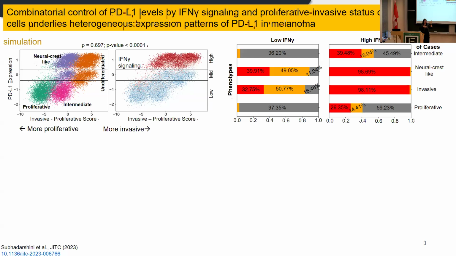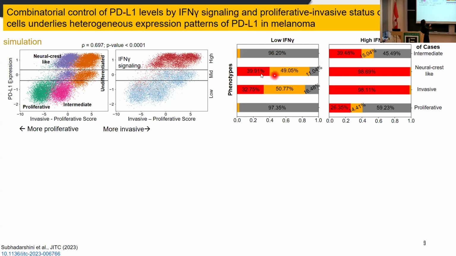Now, how do these two axes crosstalk with PDL1? And which axis has a higher contribution is something we wanted to know. So we simulated two scenarios. We split the phenotypes into a lower interferon gamma regime and a higher interferon gamma regime, and we looked at the PDL1 levels.